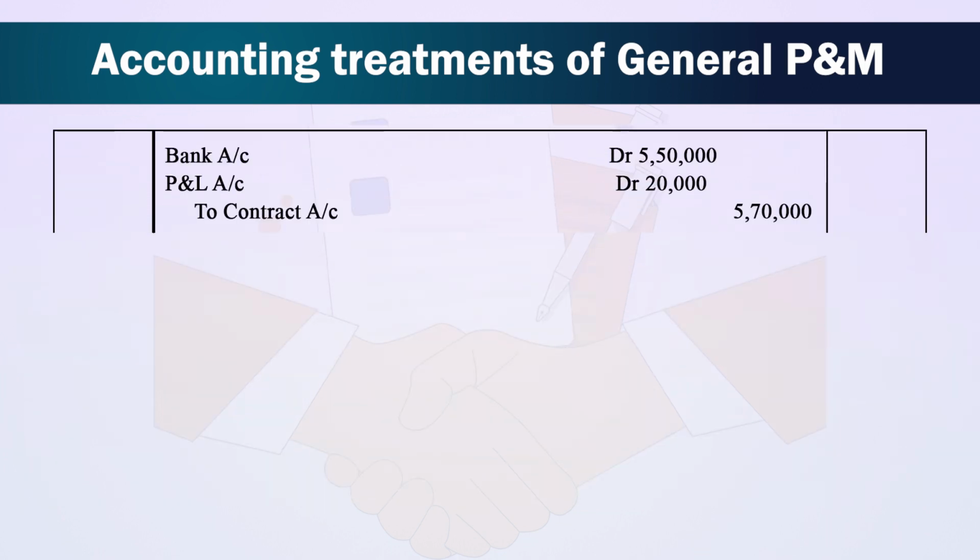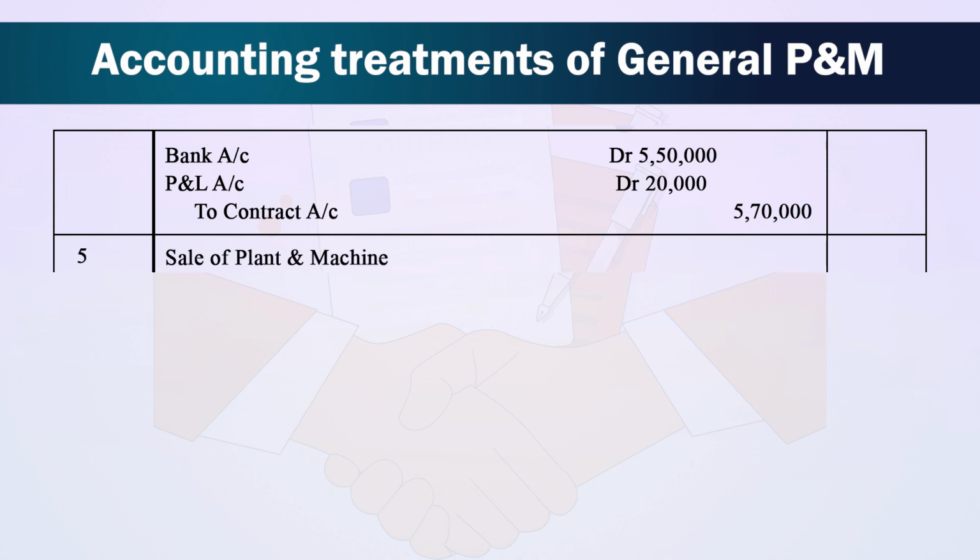The journal entry is: bank account debit rupees 5,50,000, profit and loss account debit rupees 20,000, to contract account rupees 5,70,000. Let's understand the next transaction, sale of plant and machinery.